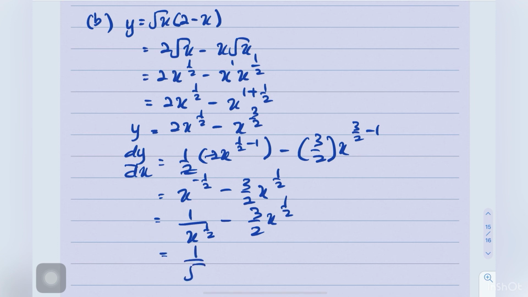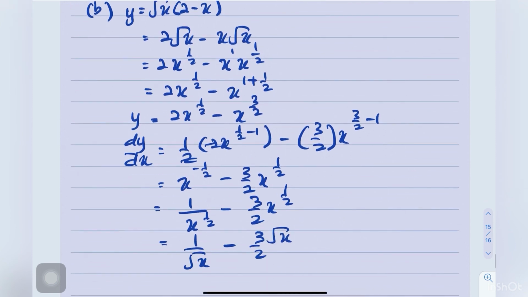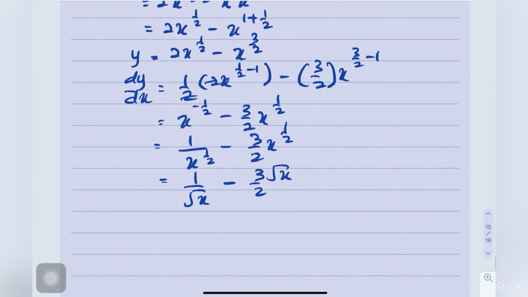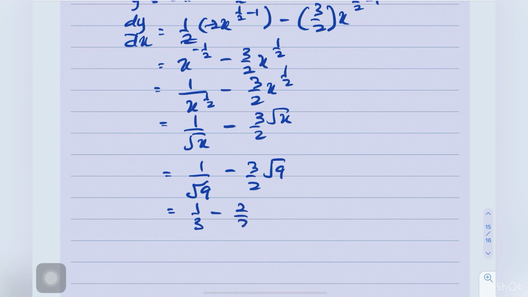This one is 1 over square root x minus 3 over 2 square root x. From the question, given x equals 9. So you substitute x equals 9 into the dy/dx. We get 1 over square root 9 minus (3 square root 9) over 2. Square root 9 is 3. So here we have 1 over 3 minus 3 over 2 times 3. So the answer is negative 4 1/6.